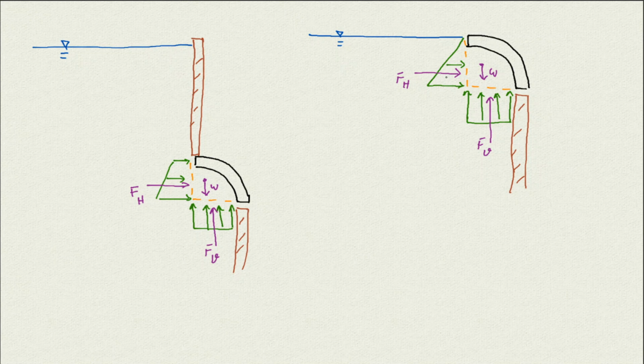So the only difference here is you have this as a triangle, and here we have a trapezoid. In this case, there is no water above the gate, so the vertical pressure is applying upward rather than downward.